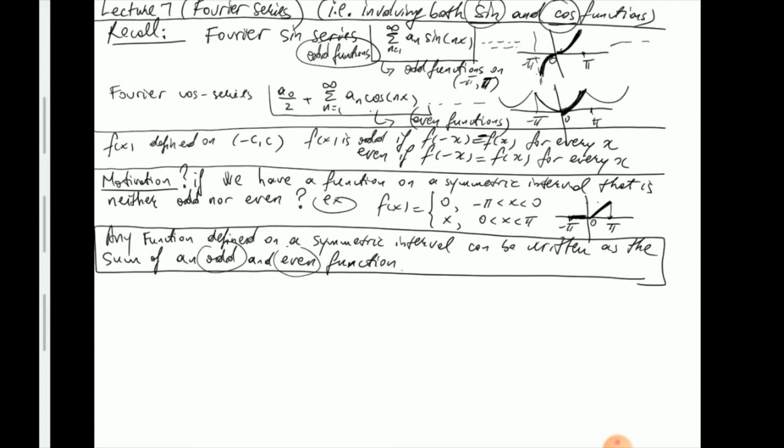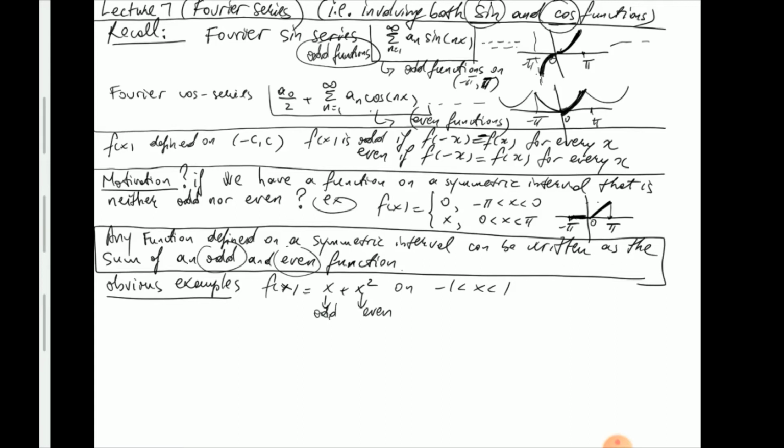So how do you make up these even and odd parts? By the way, sometimes these even and odd parts are pretty obvious. Let me give you an example. Let's say I have a function f of x equal to x plus x squared on the interval minus 1, 1. It's clear that x is the odd part, that's an odd function, and x squared is the even part. You see it immediately when you write down the function that it's a summation of an odd and an even part.